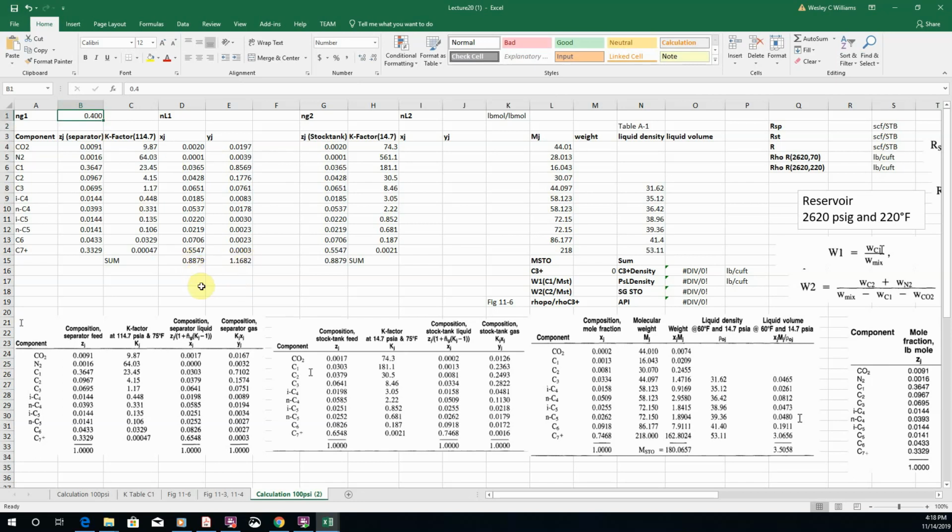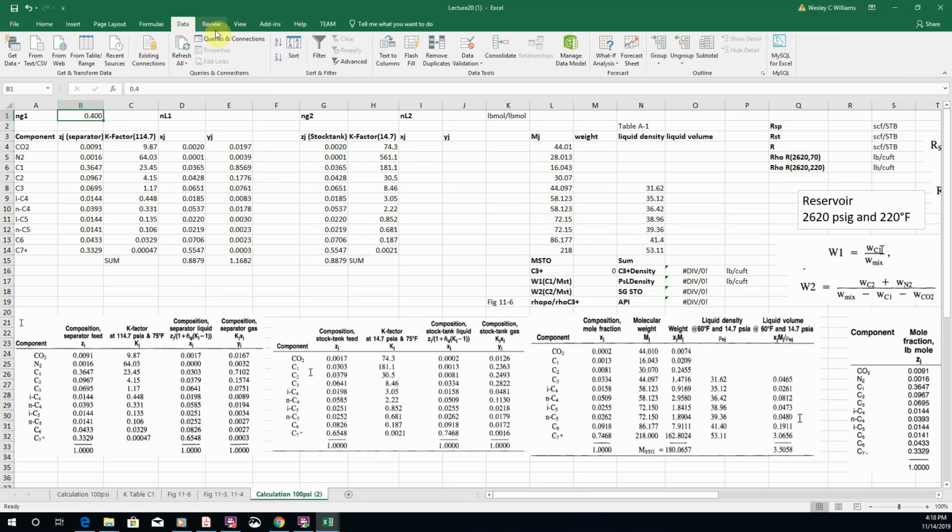So we can keep guessing, or we can use the solver. In What-If Analysis, we're looking for Goal Seek. So we need to set which cell we want to set to a specific value.